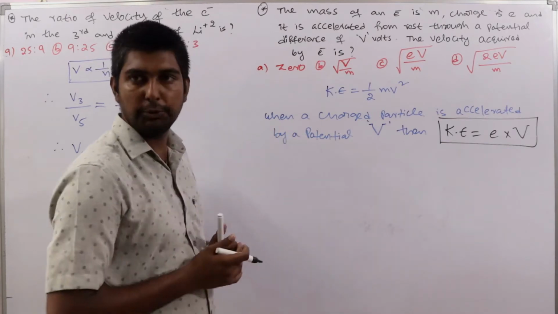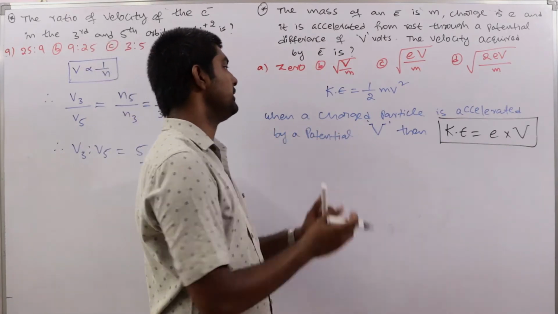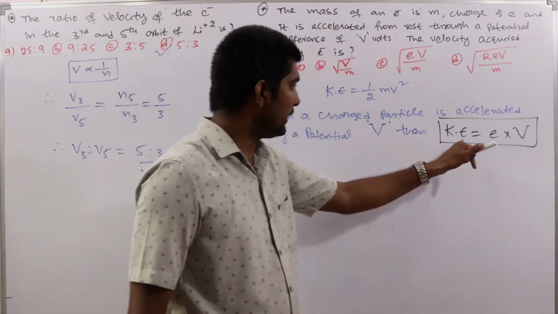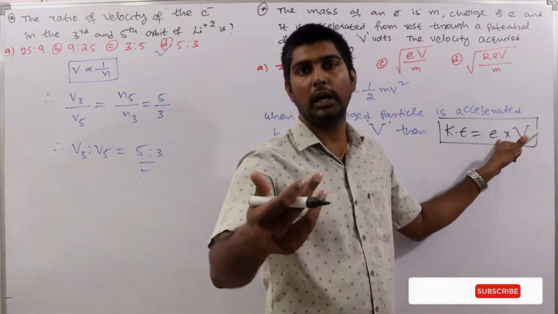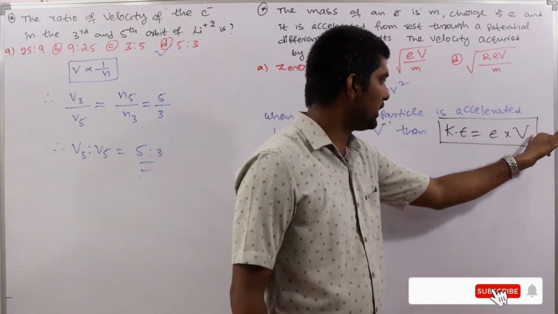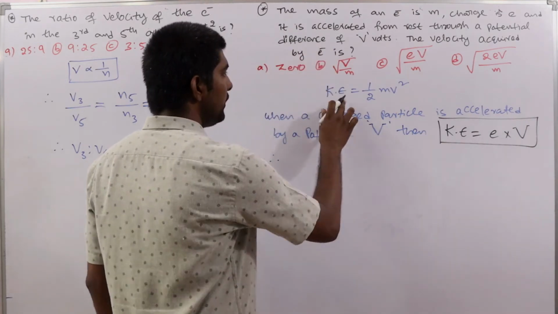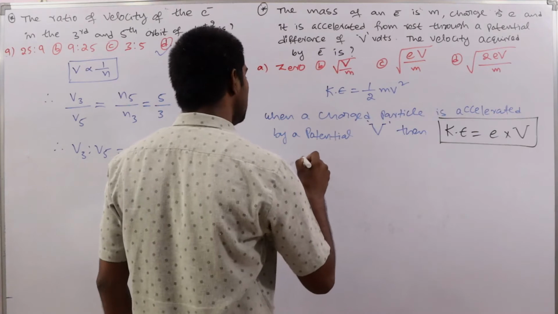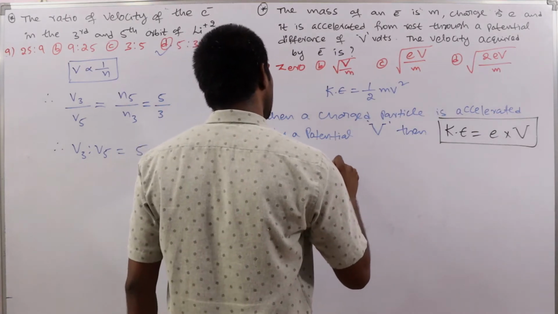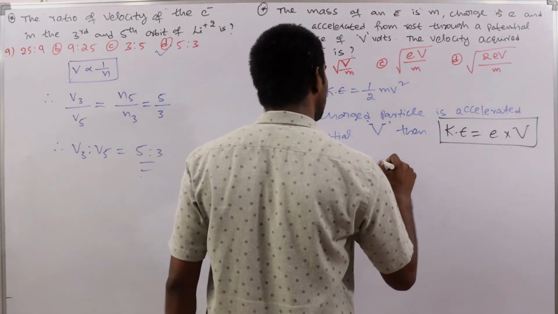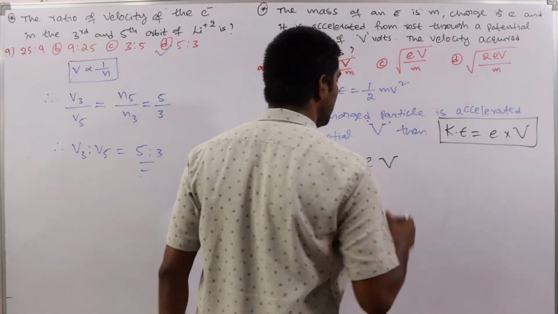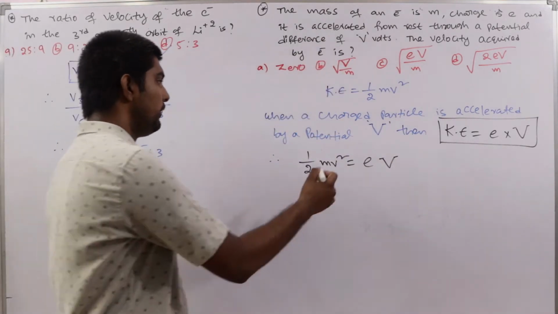When any charged particle is accelerated by a potential of V, then kinetic energy equals e, the charge on that particle, into V, the potential. Therefore, half mv square is equal to eV.